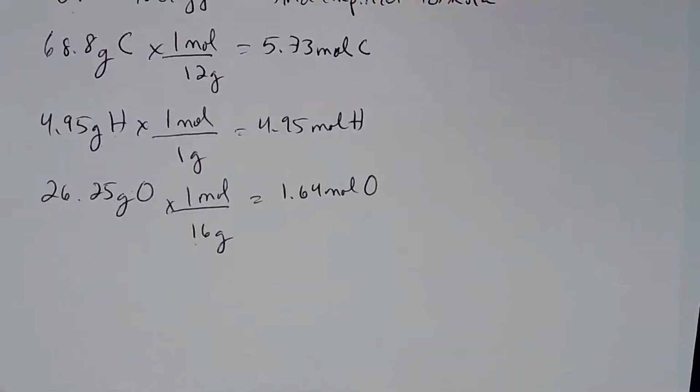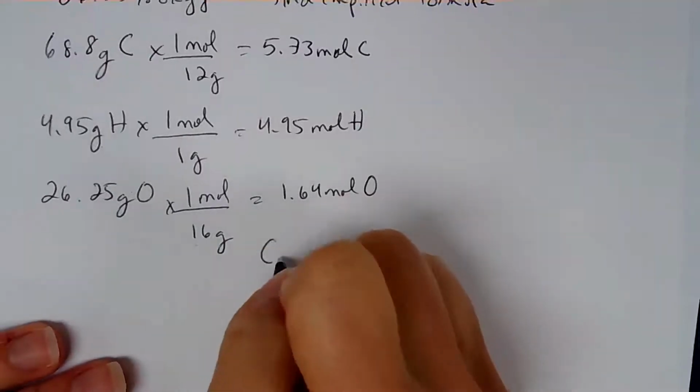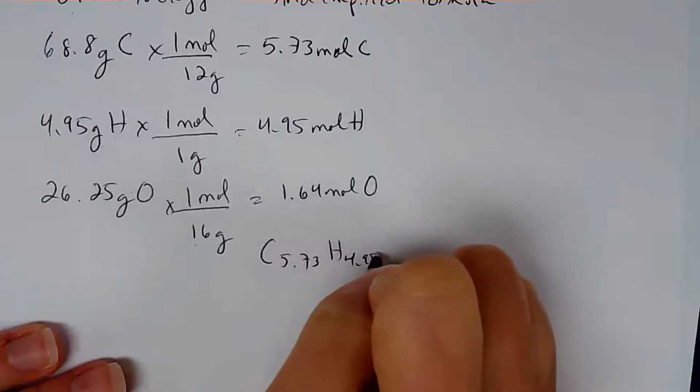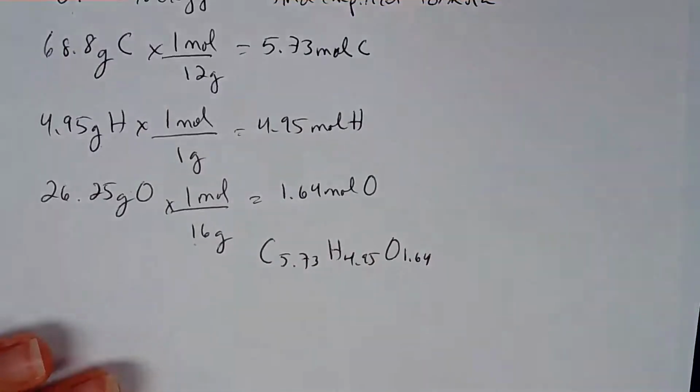In reality, this is actually the formula already. Okay, so I could write C 5.73, hydrogen is 4.95, oxygen is 1.64.